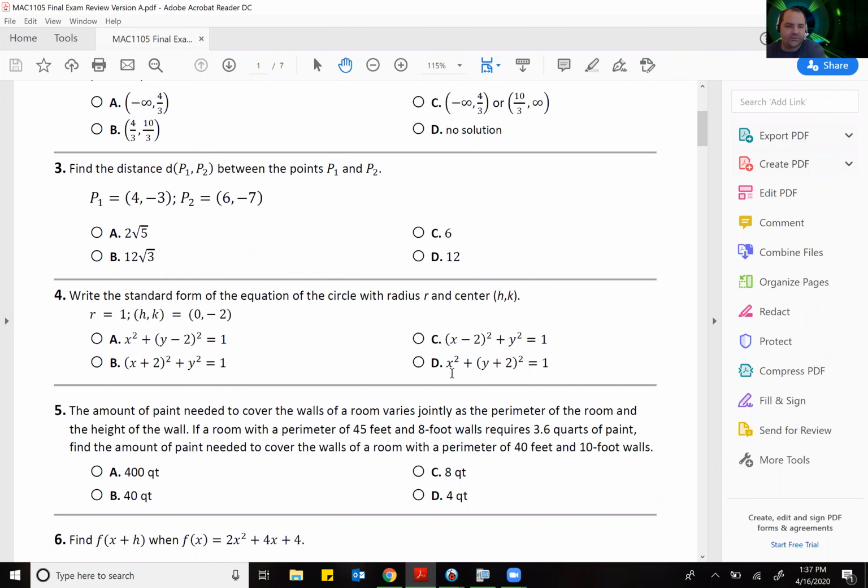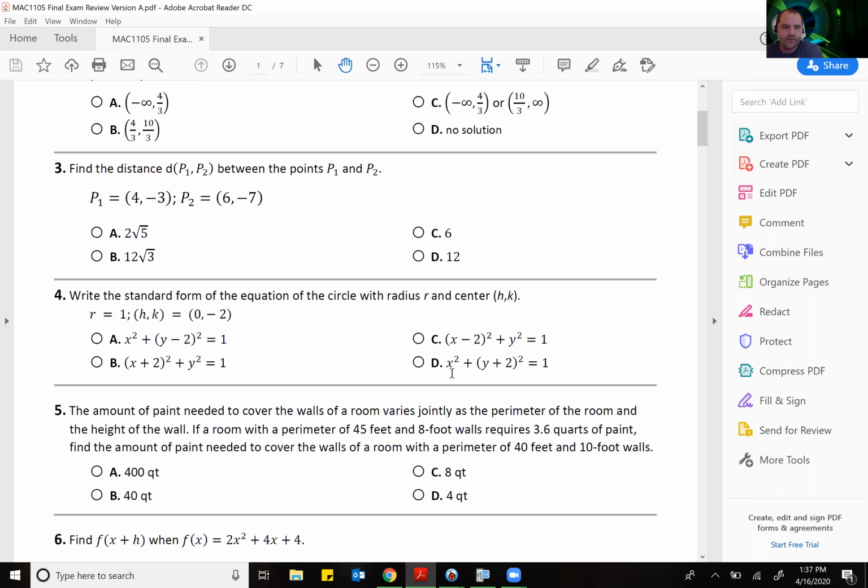The amount of paint to cover the walls of a room varies jointly. Okay, so this is coming from those variation problems from 2.5. The amount of paint needed to cover the walls of a room varies jointly as the perimeter of the room and the height of the wall.